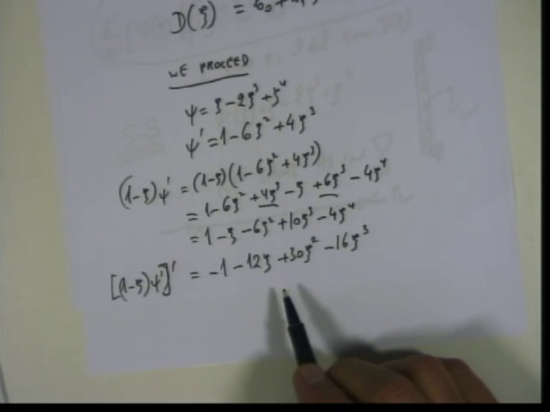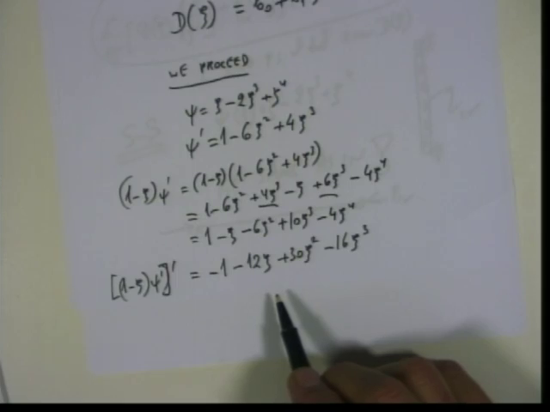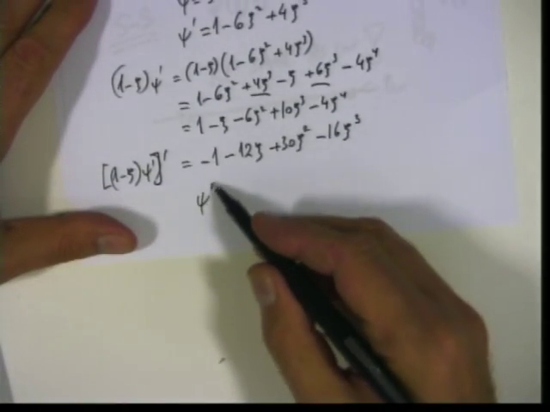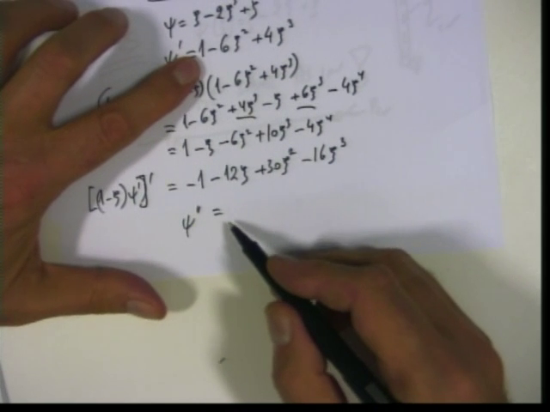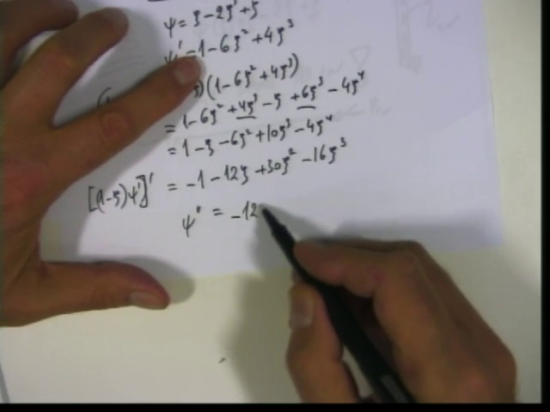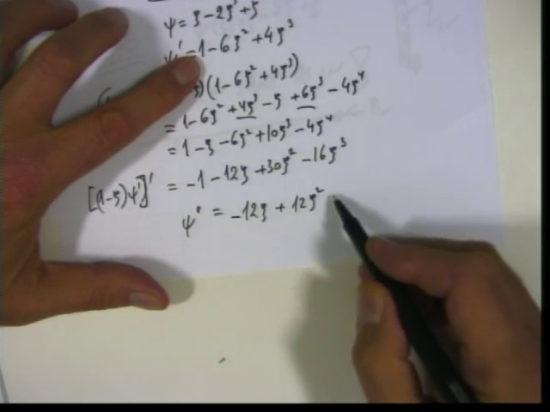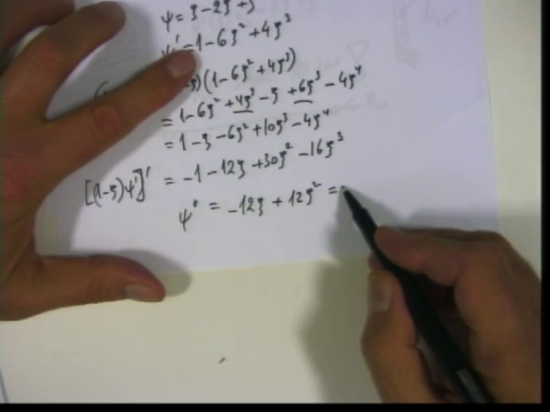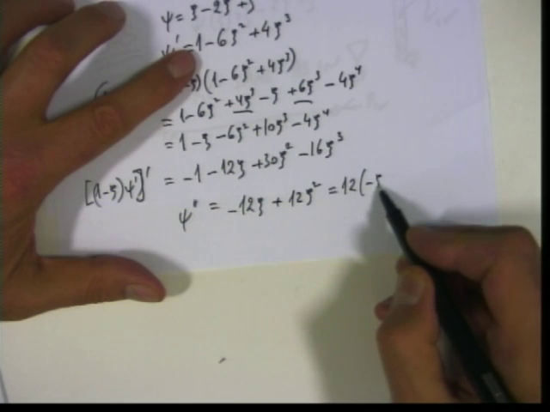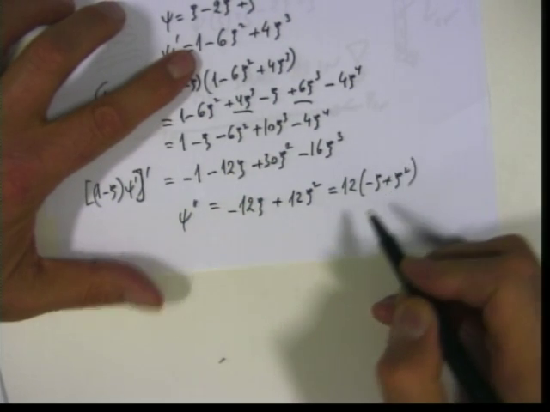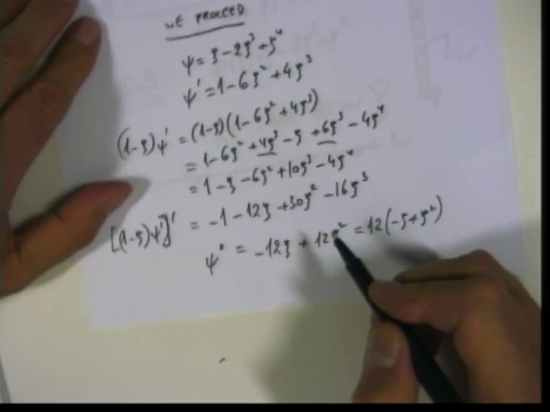You must be really looking well. Okay, here I have the second derivative. So psi second derivative equals from here 0 minus 12 psi plus 12 psi squared. So that equals 12 times minus psi plus psi squared. That is the second derivative.